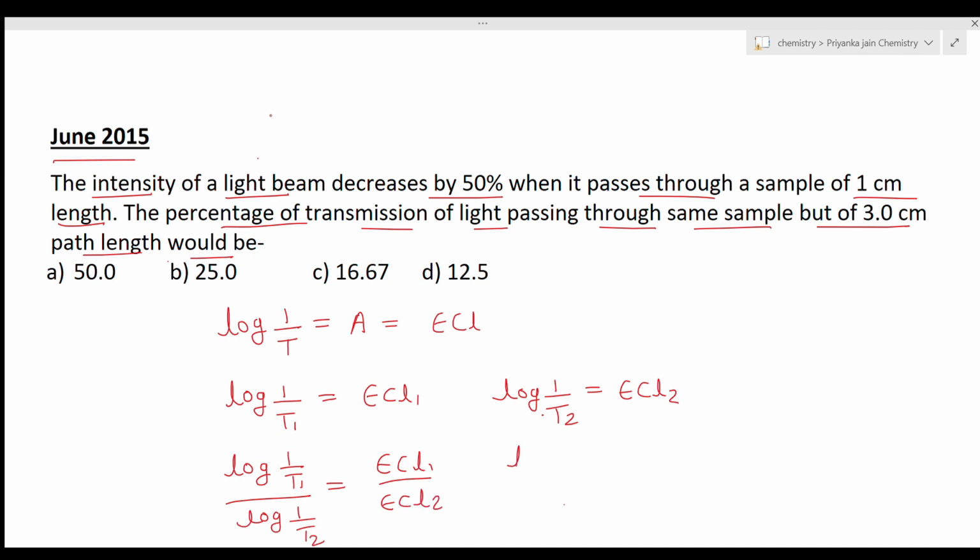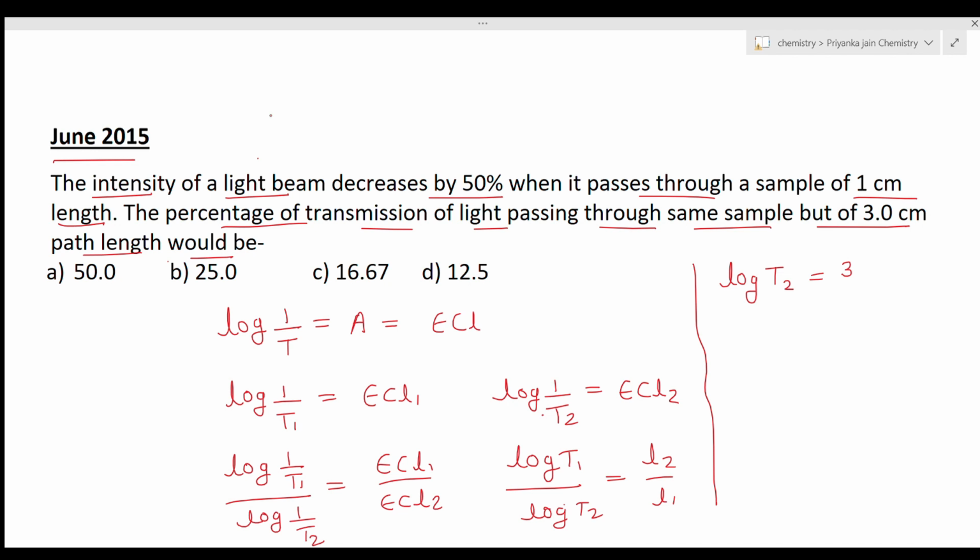We can write it like this: log T1 upon log T2 will be equal to L1 upon L2. Okay. So from this, now I am writing here. So see, log of T1 upon log of T2 will be equal to L1 upon L2.